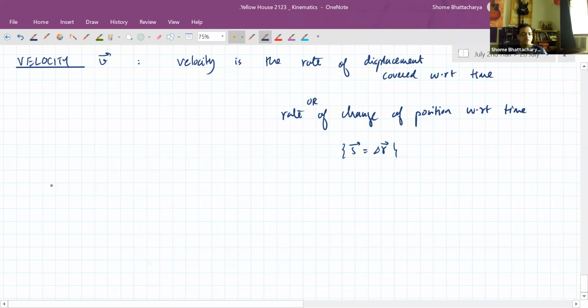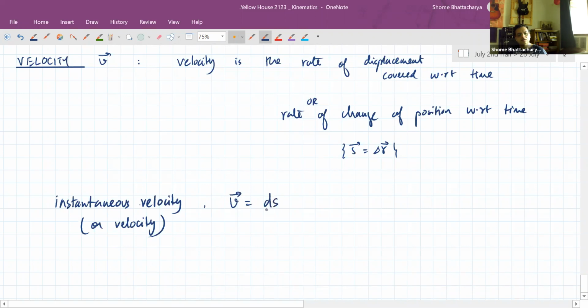So now when we come to the proper calculus definition, we will see that there are two types of velocity. Instantaneous velocity, or commonly we just call it velocity only. When we use the term velocity, the default meaning is instantaneous velocity, which is why it is denoted by the symbol v itself.